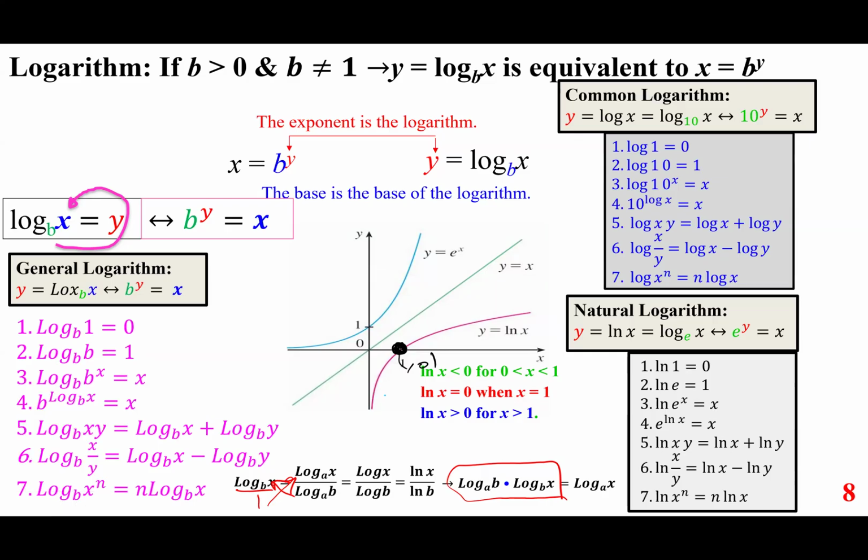So over here, it's negative. Over here, it's larger than 1. So that has to do with understanding the graph. Okay. All right.